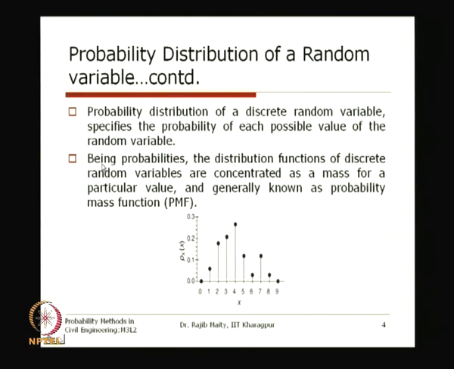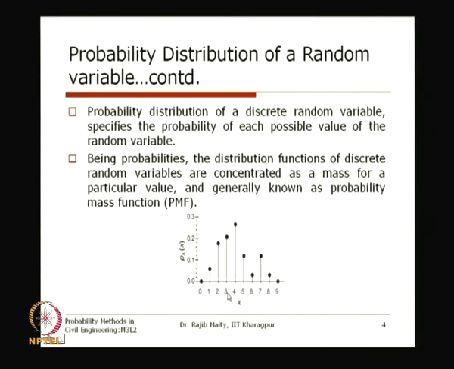That is why it states that, being probabilities, the distribution function of the discrete random variable is concentrated as a mass at a particular value, and that is why it is generally known as the probability mass function, abbreviated as PMF.